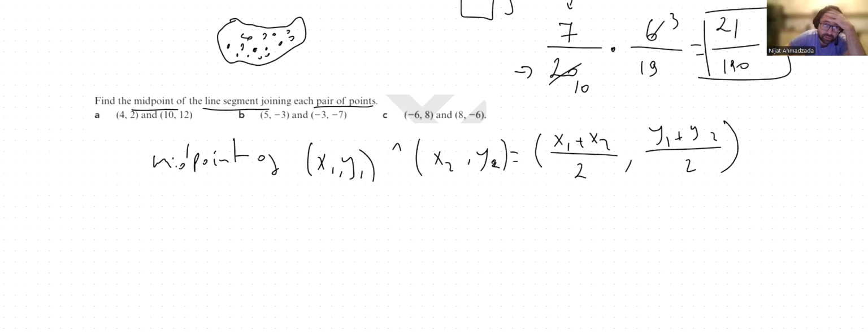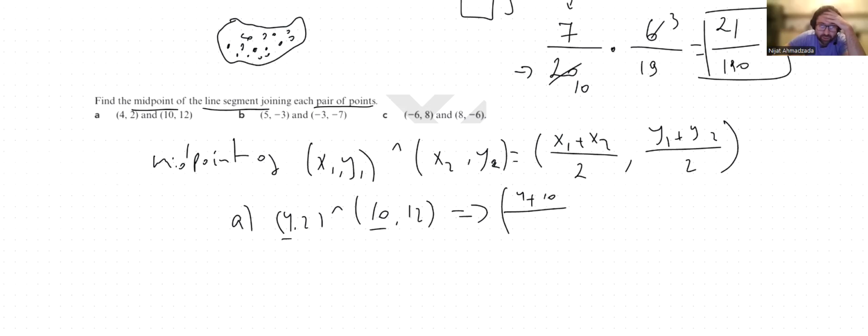Okay, now let's use it. So part A says 4, 2, and 10, 12. Okay, so if I gotta find the midpoint, it will be x1 plus x2, right? 4 plus 10, because this is x in the first point, this is x in the second point, over 2. And y part will be y1, y2. So 2 plus 12 over 2.